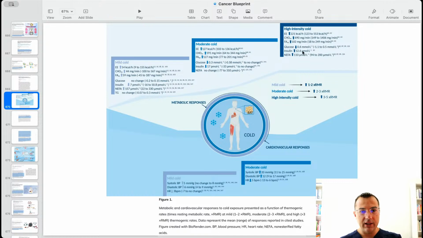But I wanted to highlight in particular on this graphic, this portion right here, that mild cold exposure will increase your resting metabolic rate by 1 to 2x. Moderate cold, 2 to 3x, and high intensity cold, 3 to 5x. So that's pretty unbelievable, really. And we're going to see in some of these later papers what that potentially could look like for us.